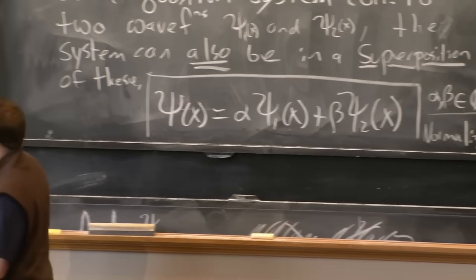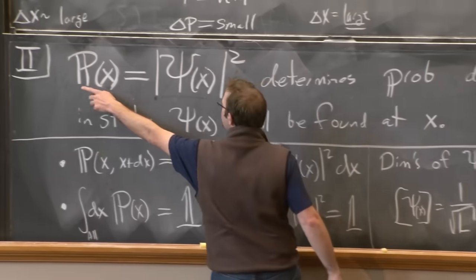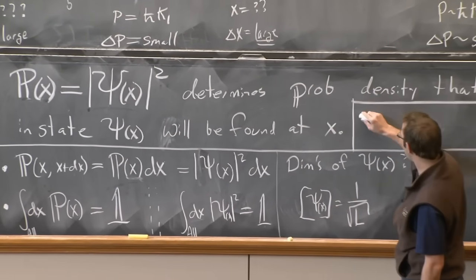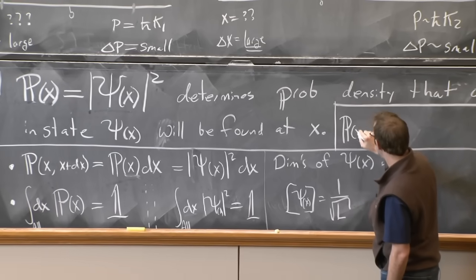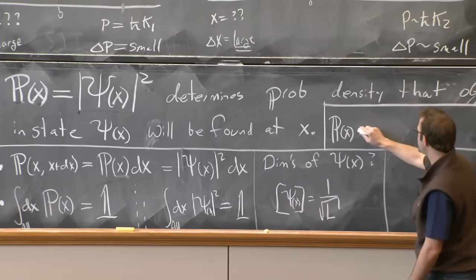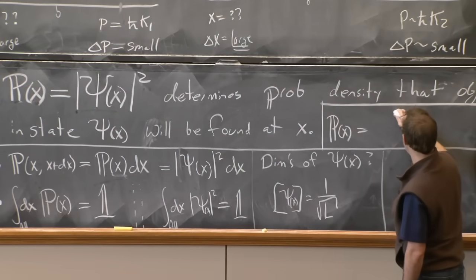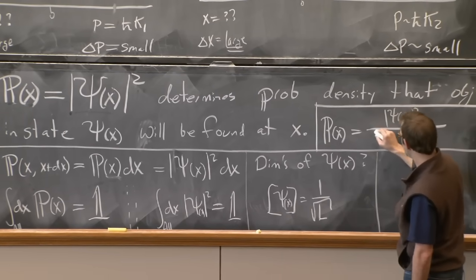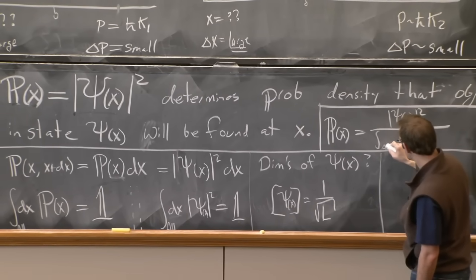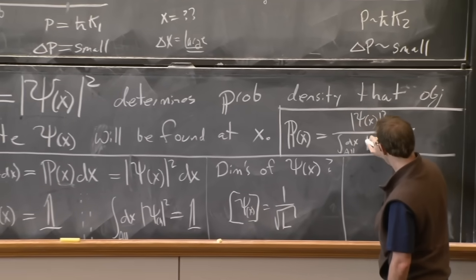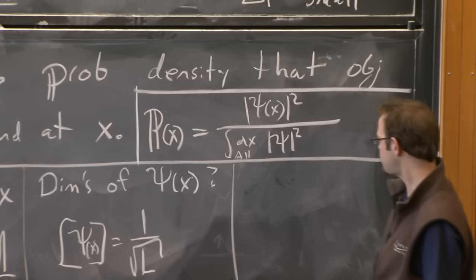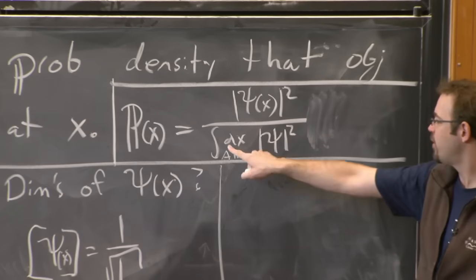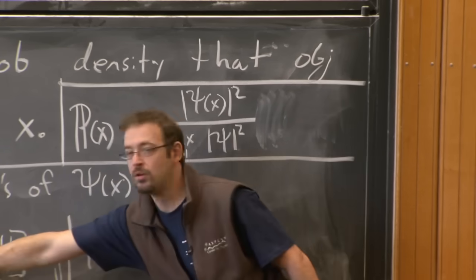Now, let me step back for a second. There's an alternate way to phrase the probability distribution here, which goes like this. The alternate statement of the probability distribution is that the probability density at x is equal to the norm squared of psi of x divided by the integral over all x dx of psi squared. Notice that if we've properly normalized the wave function, this denominator is equal to 1.